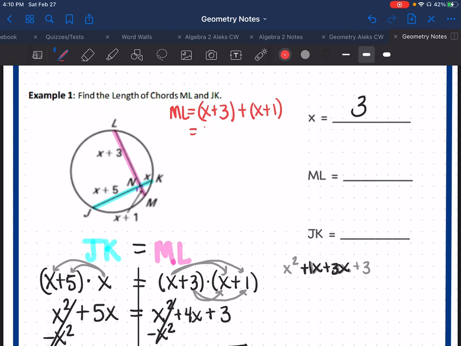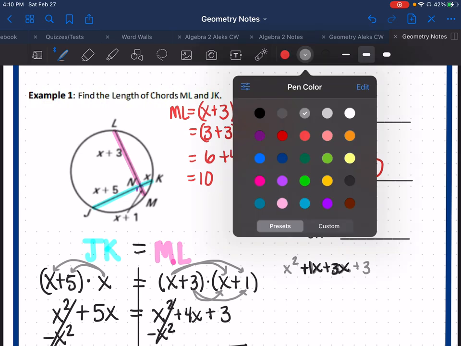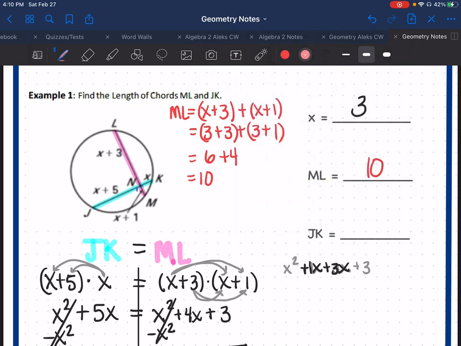So it's going to be 3 plus 3 plus 3 plus 1. 3 plus 3 is 6. 3 plus 1 is 4. 6 plus 4 is 10. ML is 10.